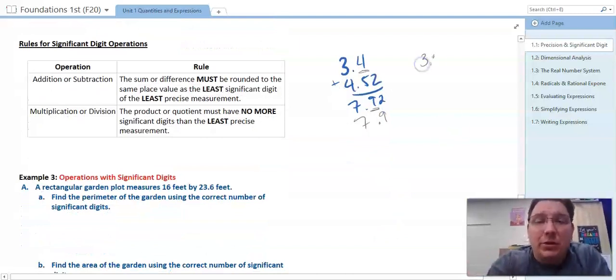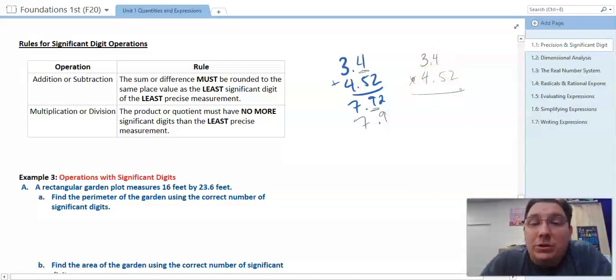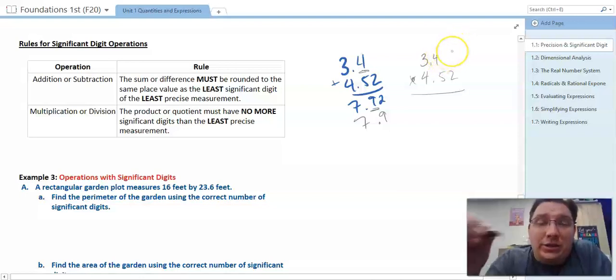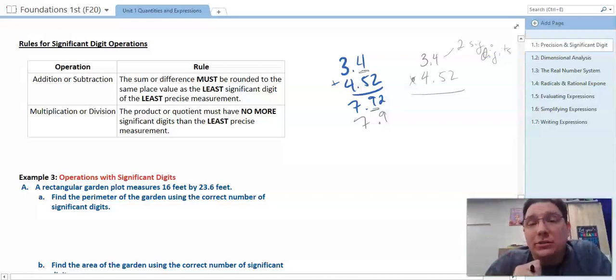If I have 3.4 and I'm multiplying it by 4.52, again, I'm going to look at which one is the least precise measurement. Well, that's the 3.4 still, right? But now I don't say what's the place value. I say that this has 2 significant digits, which means my final answer can only have 2 significant digits.